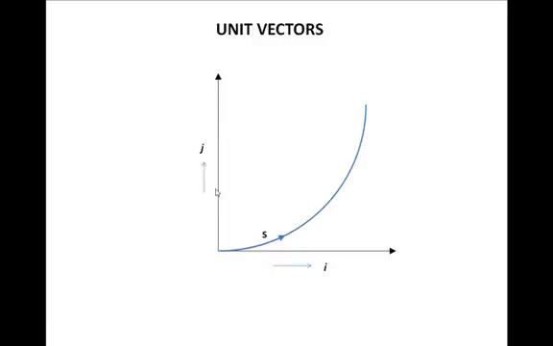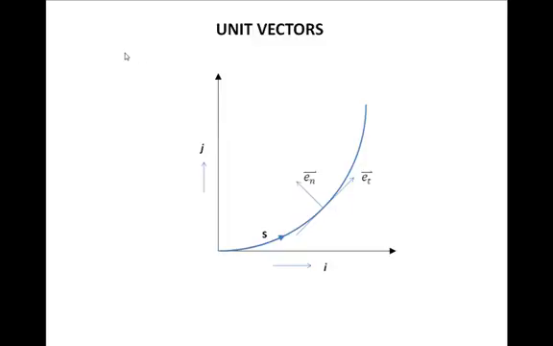Normally, velocity and accelerations are expressed in terms of i and j. But here, for the purpose of study of curvilinear motion, it is found convenient to introduce two new unit vectors, and those are the tangential unit vector Et and the normal unit vector En.